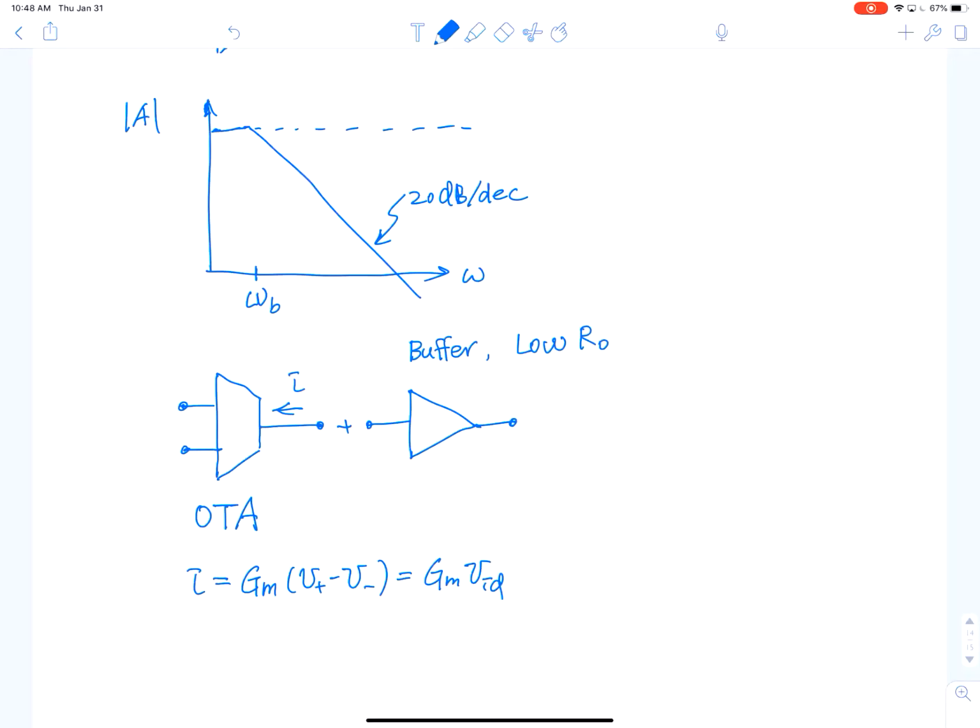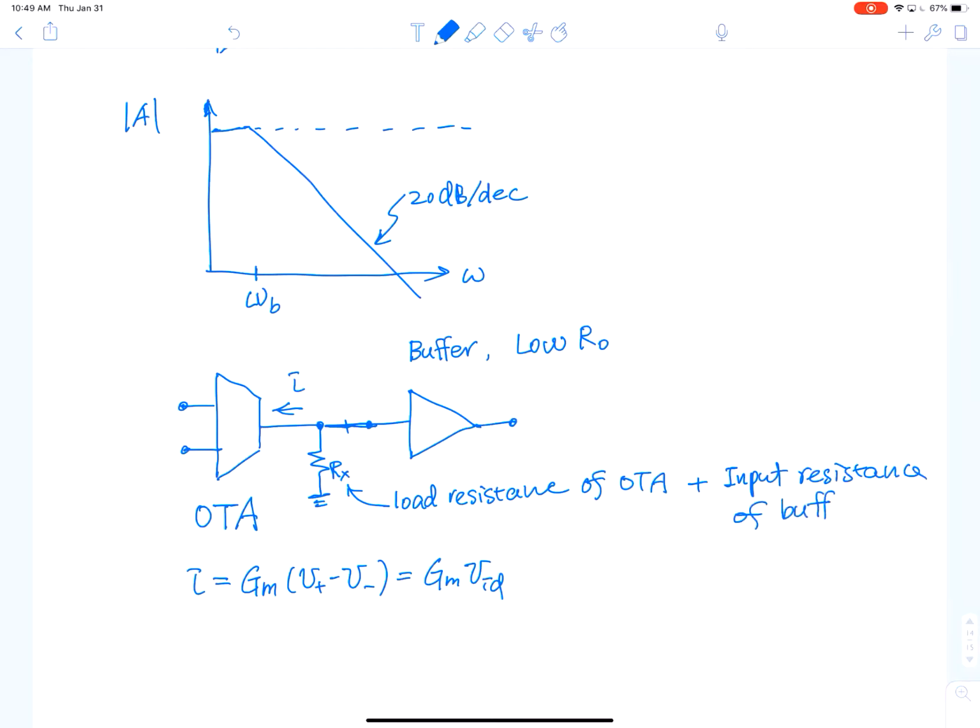At the intermediate node, where you join these two together, there is an RX. RX is really the load resistance of the OTA plus the input resistance of the buffer. You look right, you look left, all the impedances added up together is RX, and there is unavoidable capacitance here, CX.